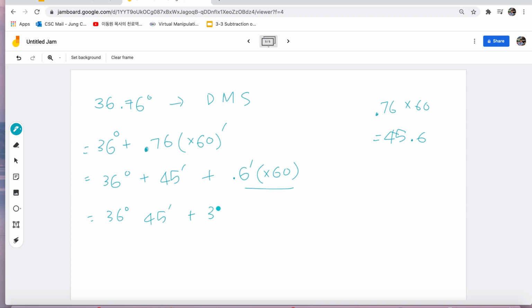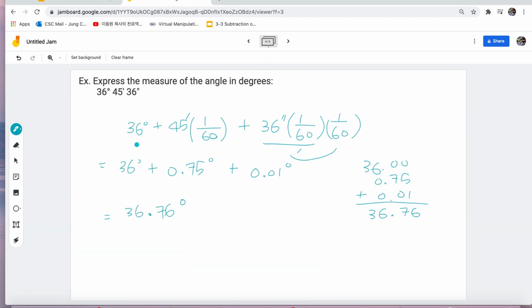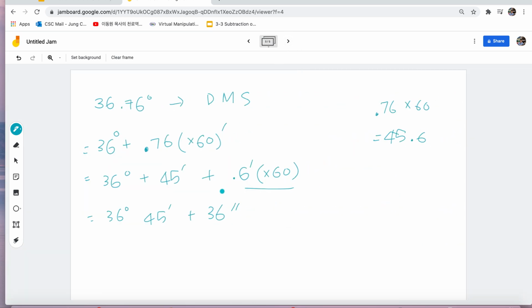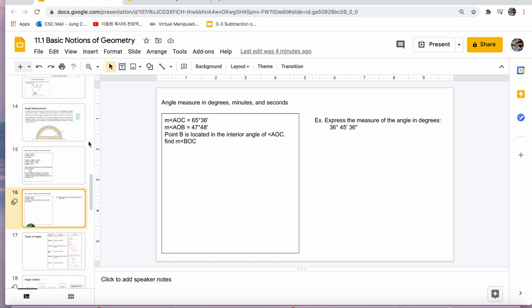So 36 seconds. That's exactly the same as the original question: 36 degrees, 45 minutes, 36 seconds. So you need to know how to go back and forth.